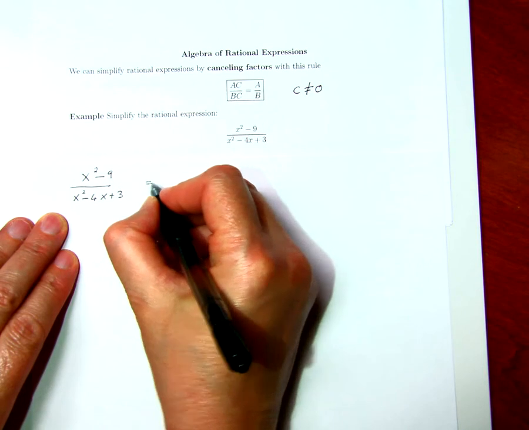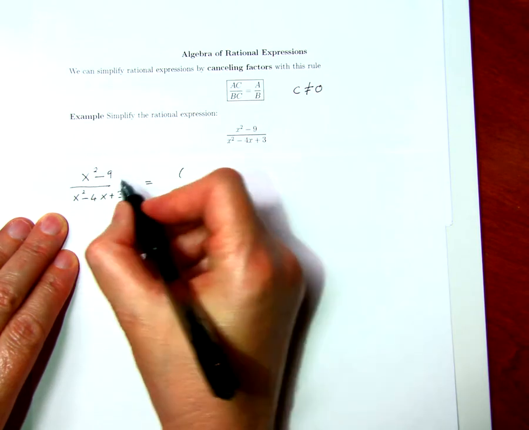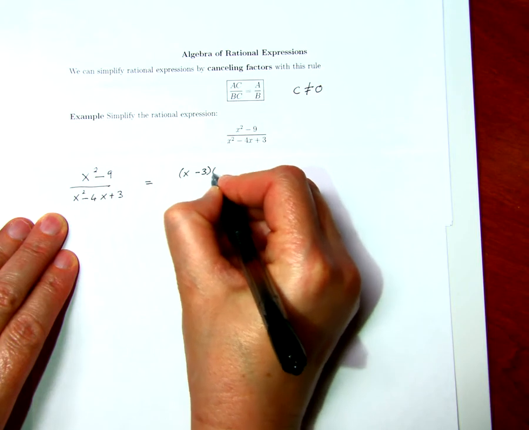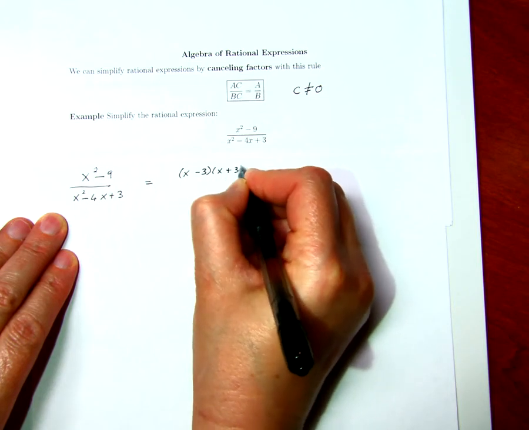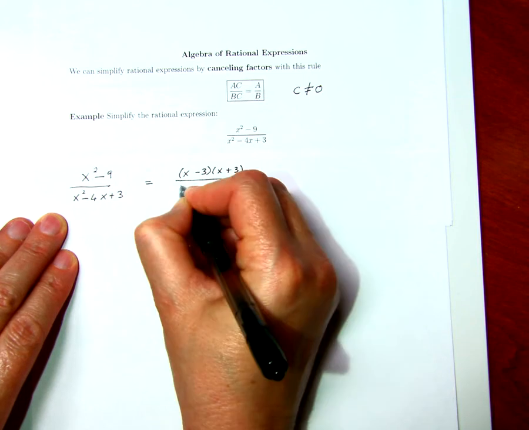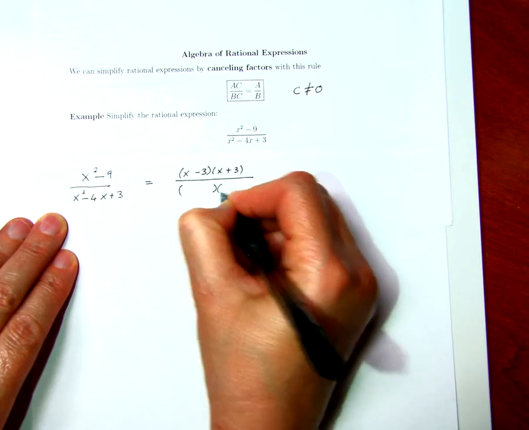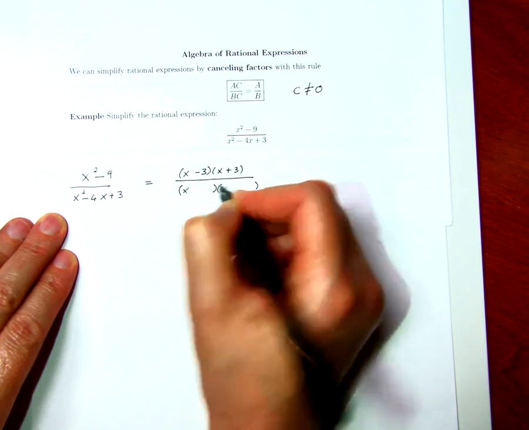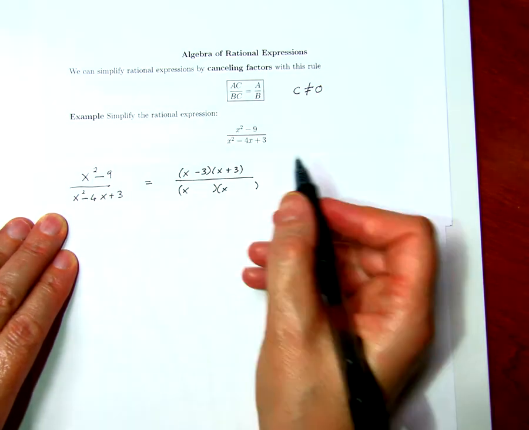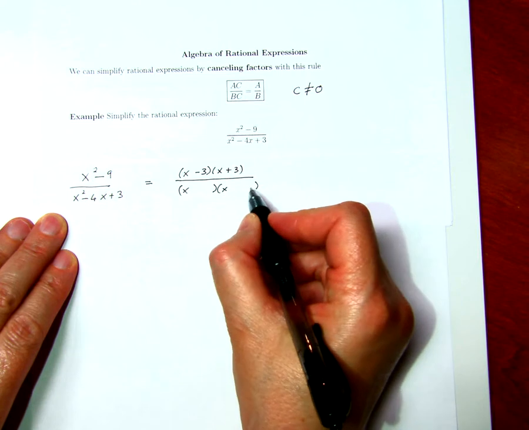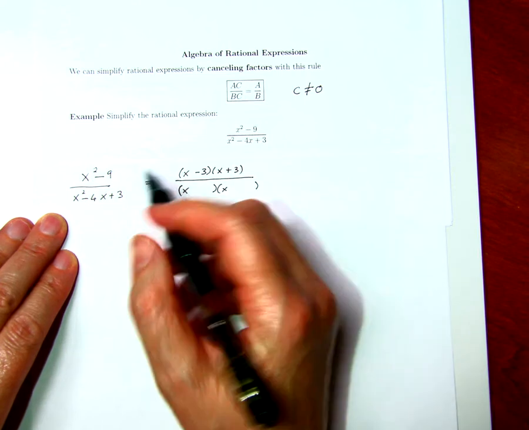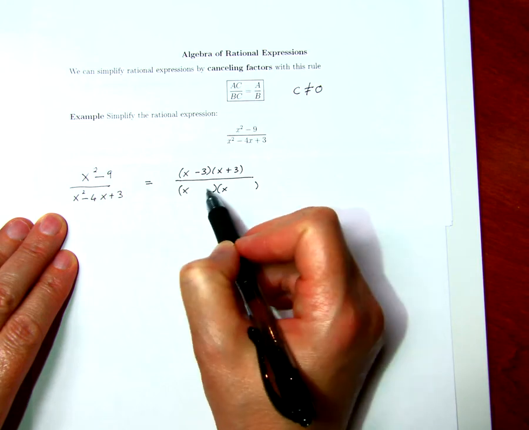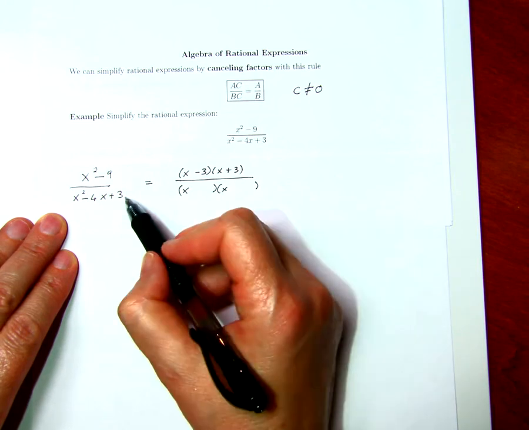And so I want to factorize this. I recognize this as a squared minus b squared, so that's going to be x minus 3 by x plus 3. And then I'm going to try to factor the denominator here. The leading coefficient is 1, so I should get x plus something times x plus something, and the product of the constant parts here should be 3.